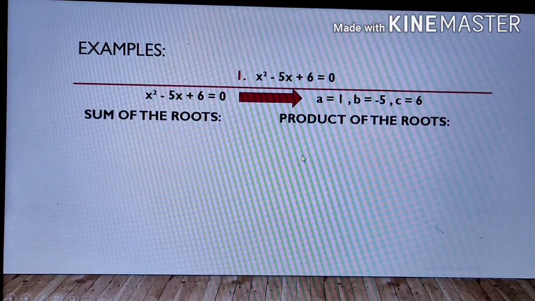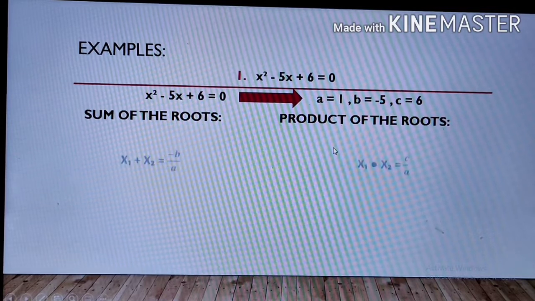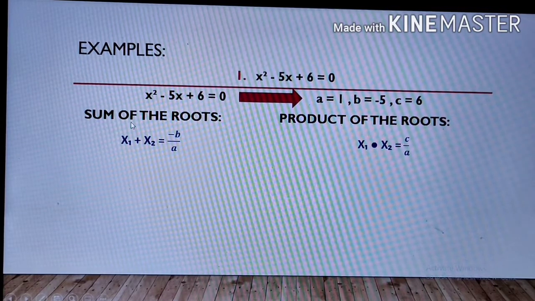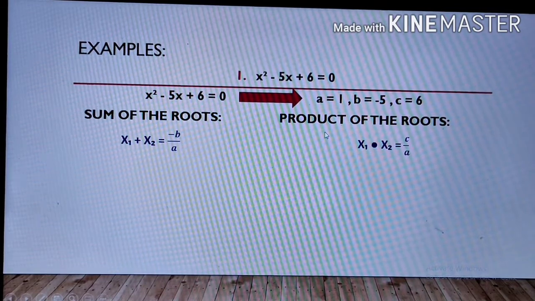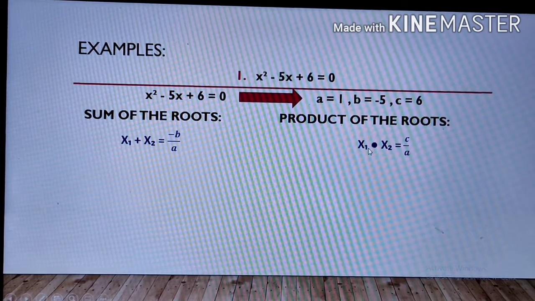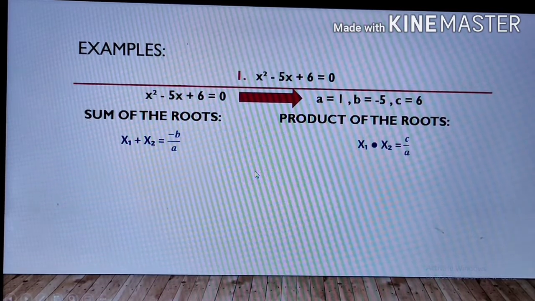So, next, we are going to find the sum of the roots and the product of the roots. The formula of the sum of the roots, x sub 1 plus x sub 2 is equal to negative b over a. Then, the product of the roots, x sub 1 times x sub 2 is equal to c over a. So, next is, i-substitute na natin yung mga values ng a, b, and c.